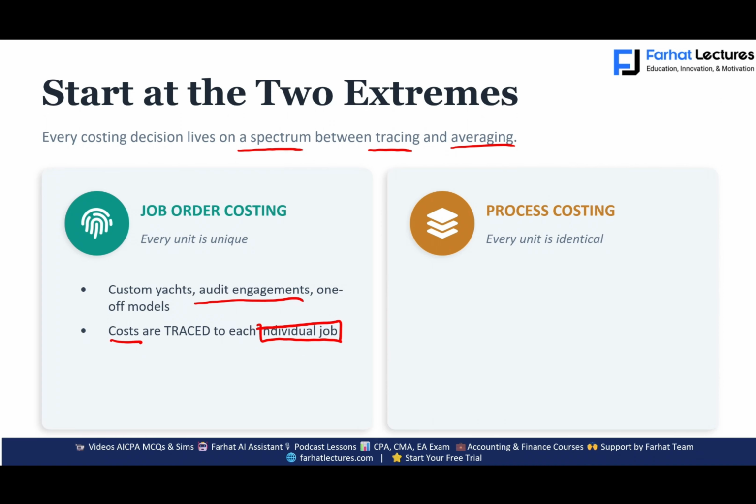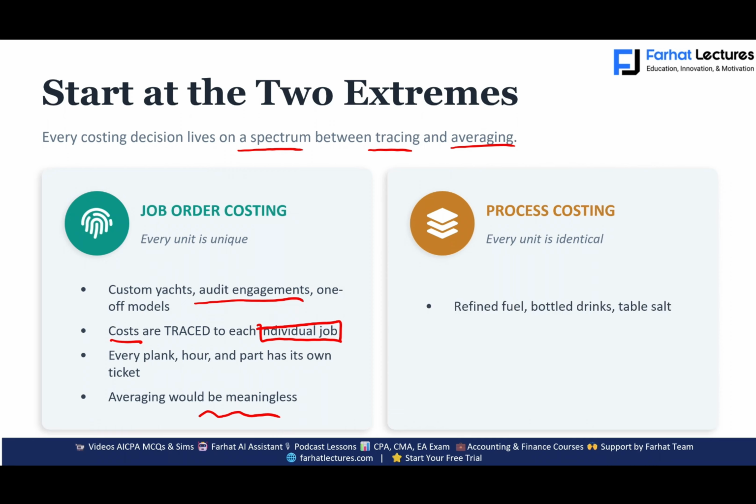In my example, the individual job is my car. Every plank, every hour, and every part has its own ticket. They trace everything separately to every item. Averaging would be meaningless in those circumstances, because if they spend $500 in material on my car, they cannot take that $500 and split it over other cars. That $500 is traced directly to that work.